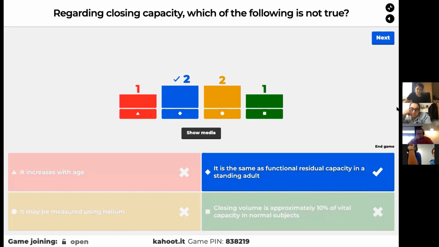It's one of the difficult ones. Does everybody know what closing capacity is? Okay, so it's basically the lung volume where airway closure occurs, and it happens when your closing capacity is above or equal to your functional residual capacity.